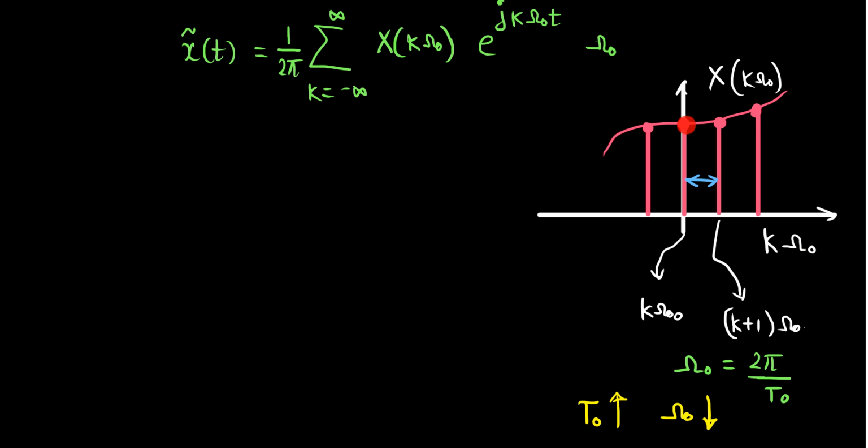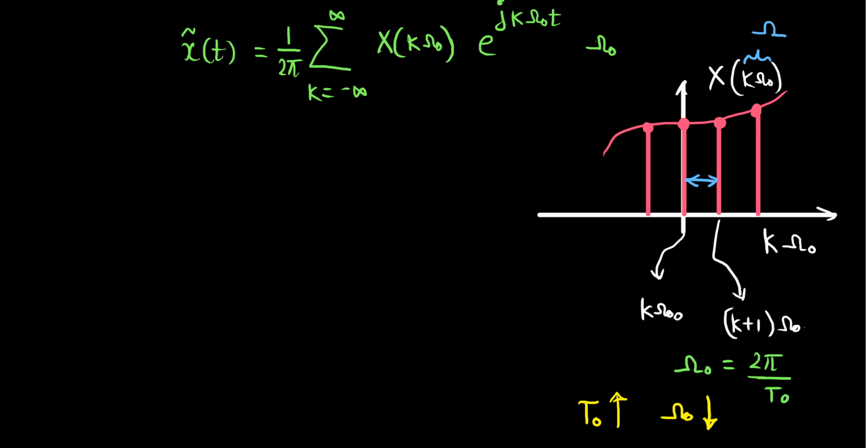And if this gap tends to merge, this variable, that is k times omega naught, is then going to be a continuous variable. What I mean to say here is that this k times omega naught is going to take the shape of a continuous variable, let that be omega. Why is that going to happen?